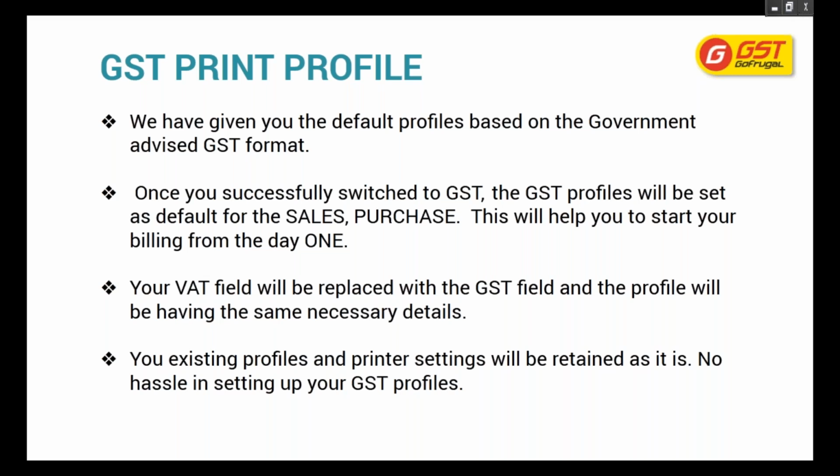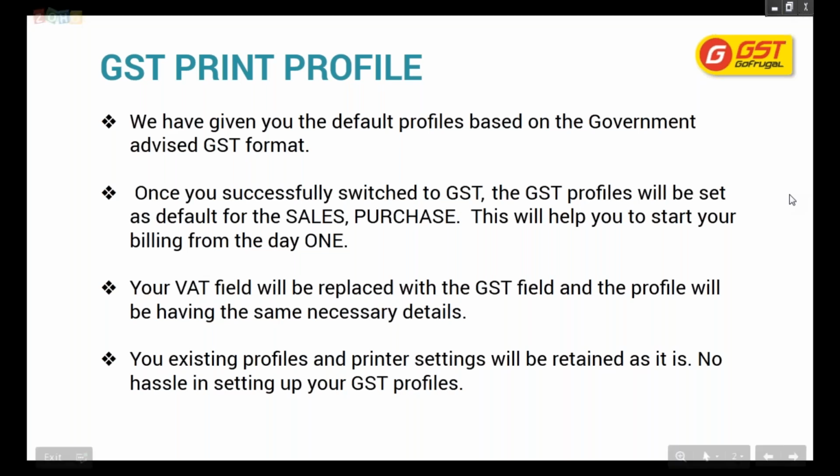But if you want to show the split up, like CGST separately, SGST separately and IGST separately, we have already given you the default profiles for all the paper sizes, supporting all the basic printers such as thermal receipt printer, dot matrix or even laser printer.